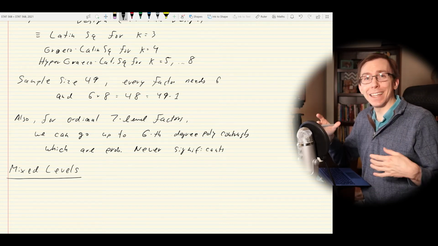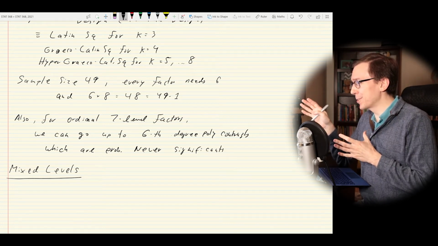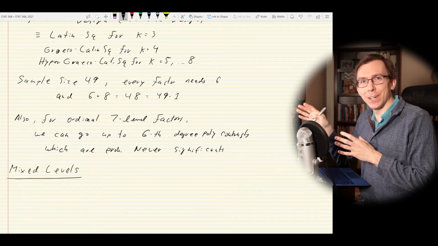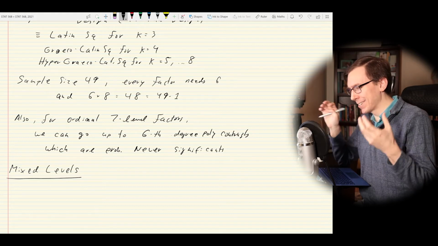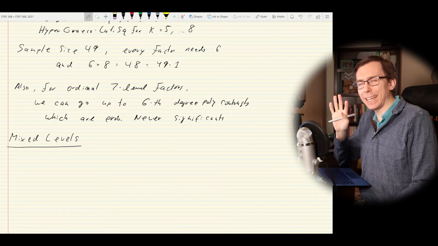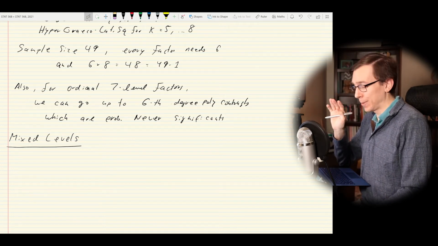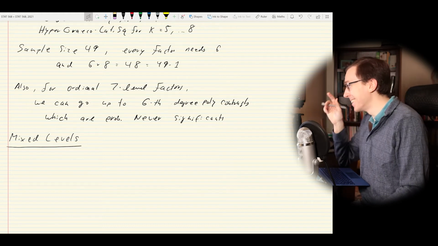I'm hoping that you can gain some intuition about these, but I'm also hoping that you don't beat yourself over the head trying to understand exactly all the gritty details of how they work, because it can be a little bit rough when we start talking about orthogonal arrays, which we're going to do right now.